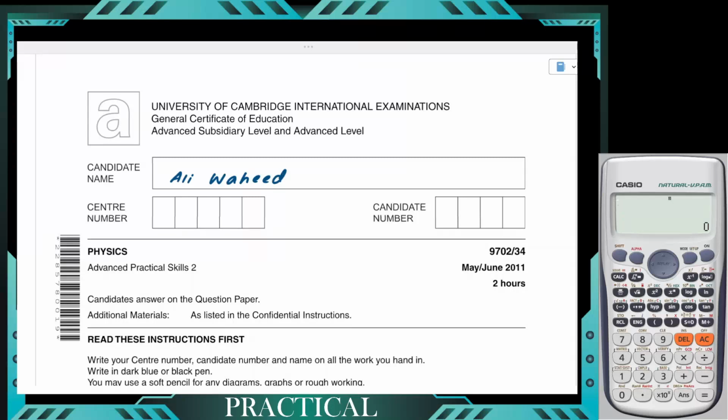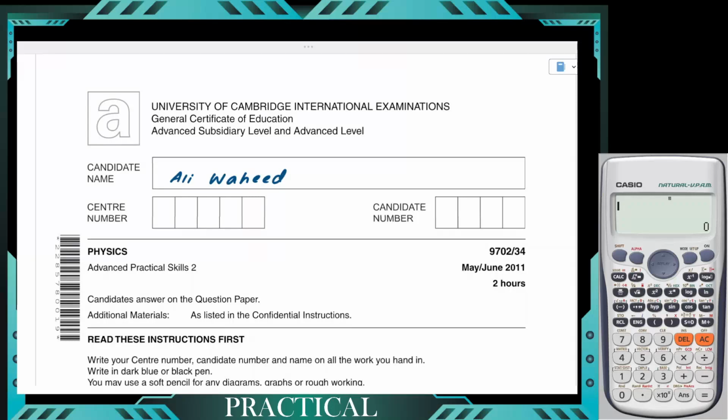The thing is, if you want a detailed video on how to solve question number 1, you can watch the video for which I have given the link in description. If you haven't watched the video for question number 1, this is the first thing that you should be doing, because question number 1 is as important as question number 2, especially because you have to draw the graph, you have to find some of the values in that, and you have to find the gradient, you have to find the y-intercept.